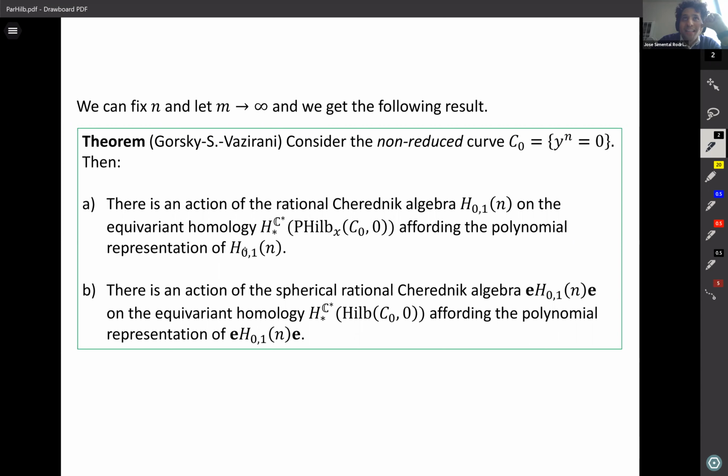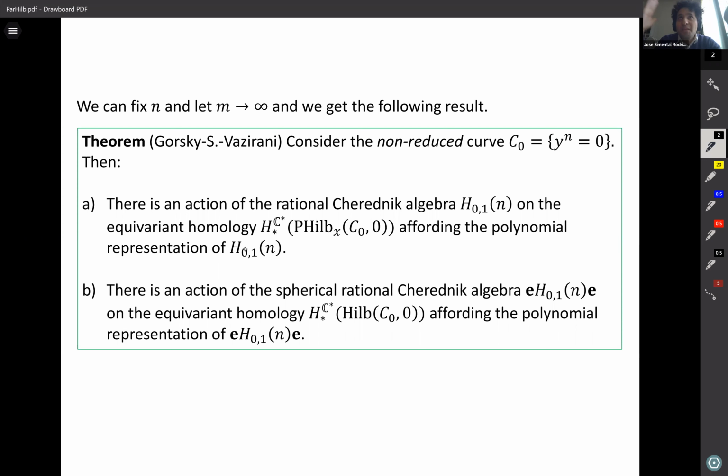The reason is that in the proof of the Gieseker statement, there is this flip in the parameters m and n, and it doesn't make sense anymore to fix n and let m go to infinity, because now m becomes the rank of the group, and it doesn't really make sense.